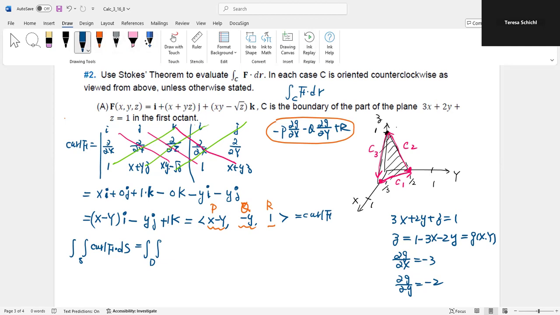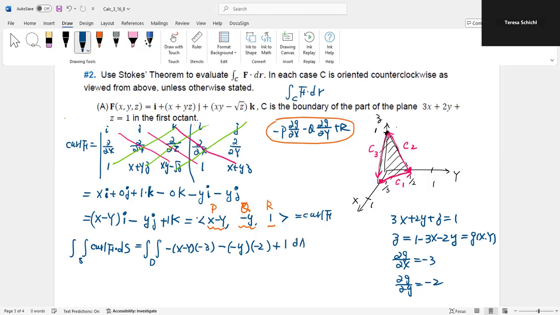Partial, so P is negative x minus y, partial g partial x is negative 3. Minus Q, minus negative y times partial g partial y, times negative 2. Okay, plus R. What is R here? R is 1 here, right?